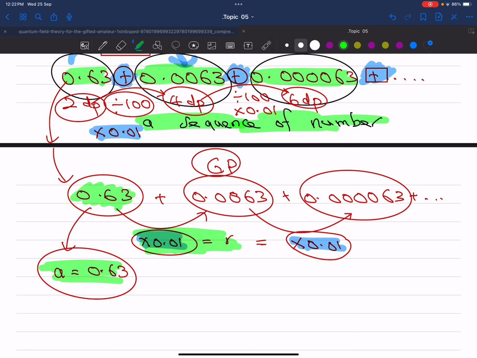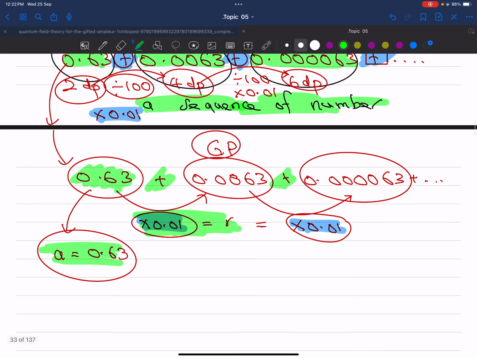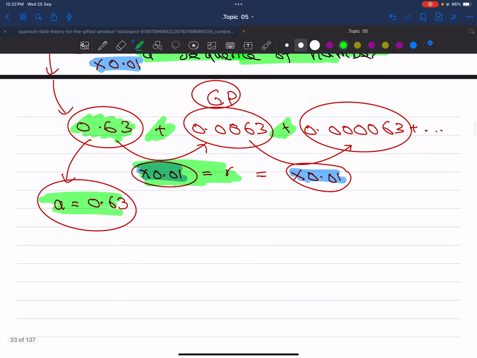And you notice this is a sum, so it must be S for that GP.